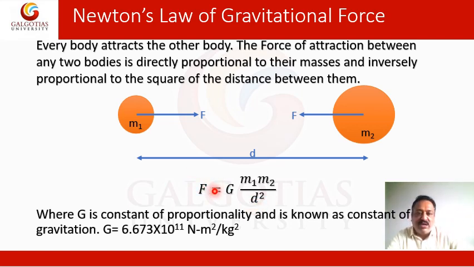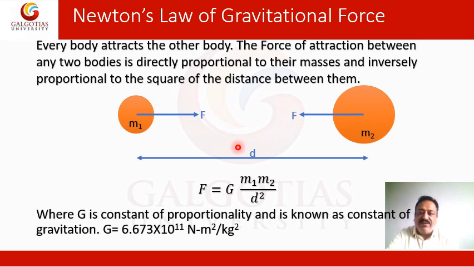That is the proportionality, and if we convert it into an equality, we can write the same law as F = G m1 m2 / d squared. Capital G is known as the constant of proportionality, the constant of gravitation, and the value of G is 6.673 x 10^-11 Newton meter squared per kg squared. So this is Newton's law of gravitational force.